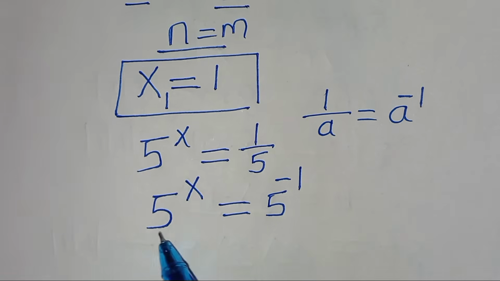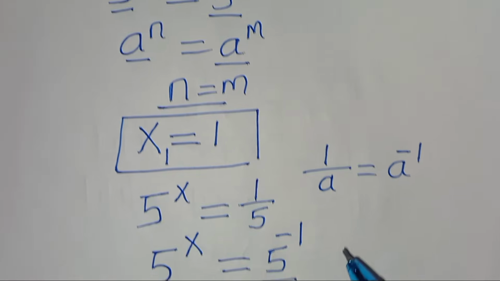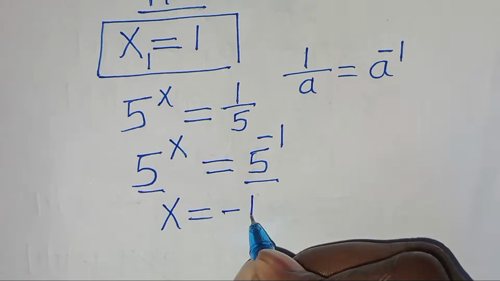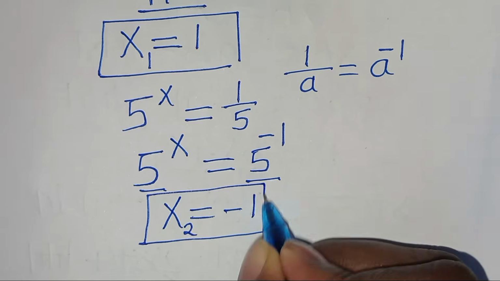Again here, the bases are common, so we can apply this property, and this implies that x is equal to minus 1. This is x2 is equal to minus 1.